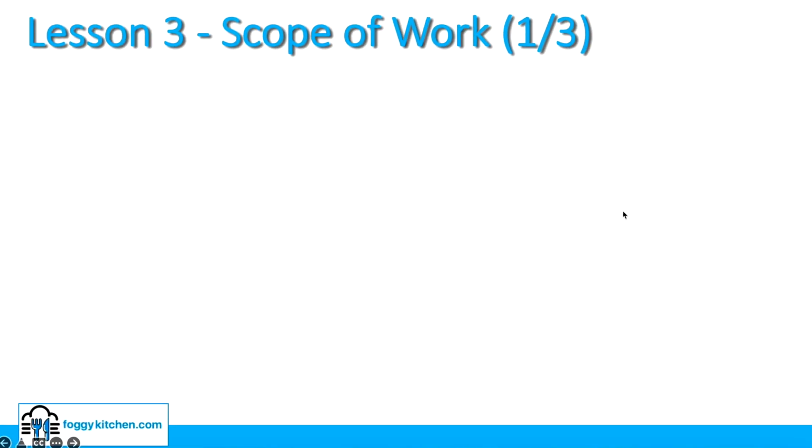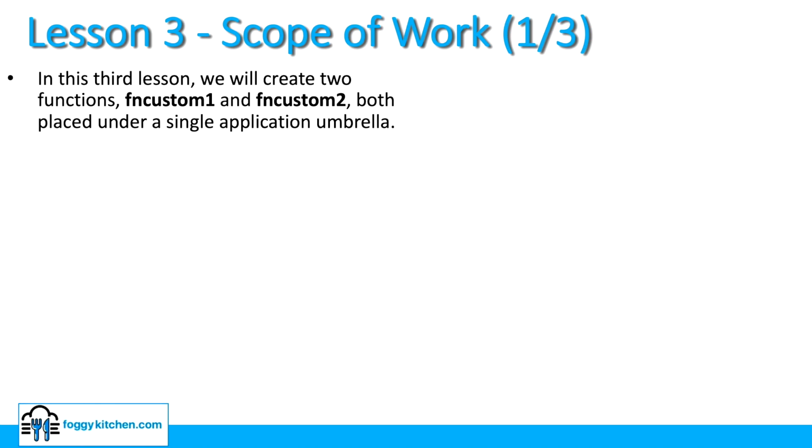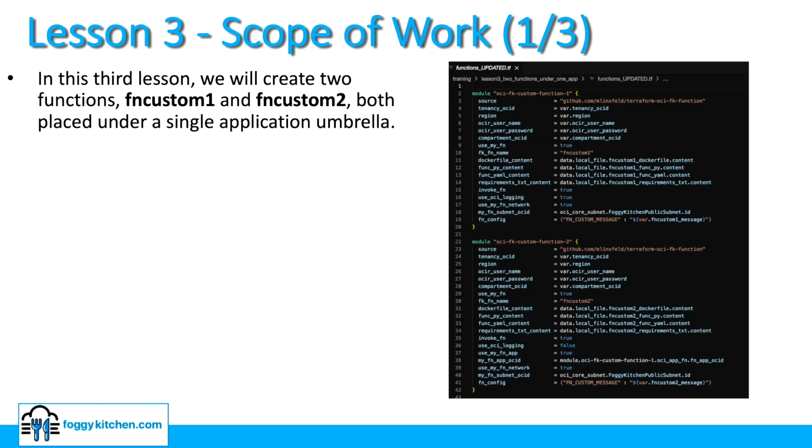Before going any further, let's analyze the scope of work of lesson number 3. As I have mentioned, in this third lesson we will create two functions, fncustom1 and fncustom2, both placed under a single application umbrella.